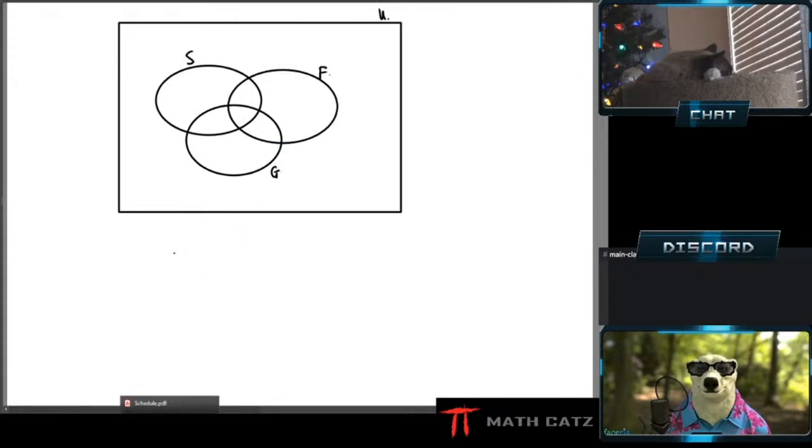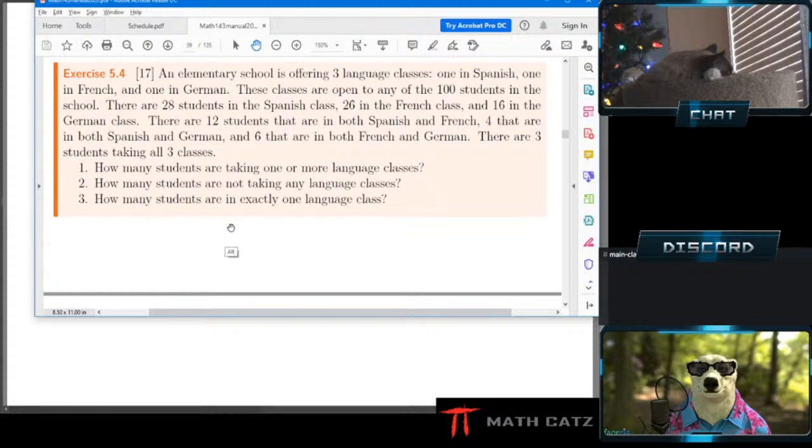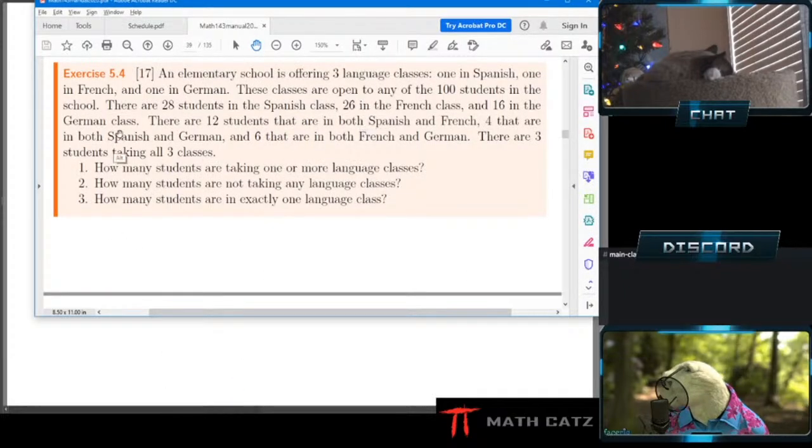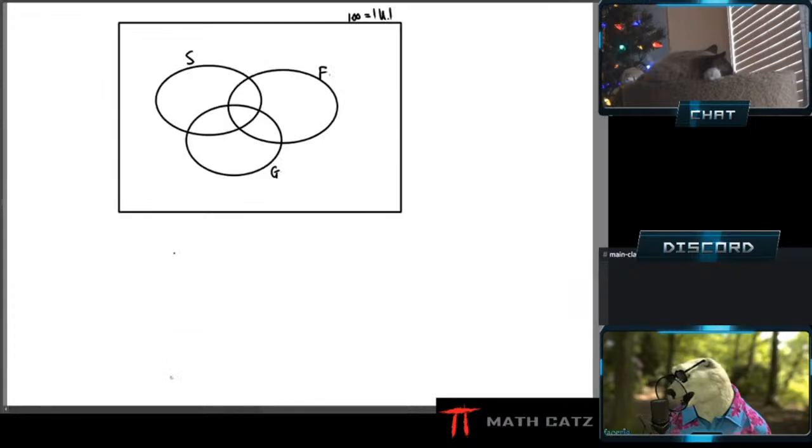Now, my next goal is to get information out. But there's no rule saying I have to do it from the top to the bottom. I want to put as much in my Venn diagram as possible, as long as I get everything out eventually. They start by saying it's open to any of the 100 students in the school. So there are 100 students in the rectangle, the school. Now, they tell me there are 28 students in the Spanish class.